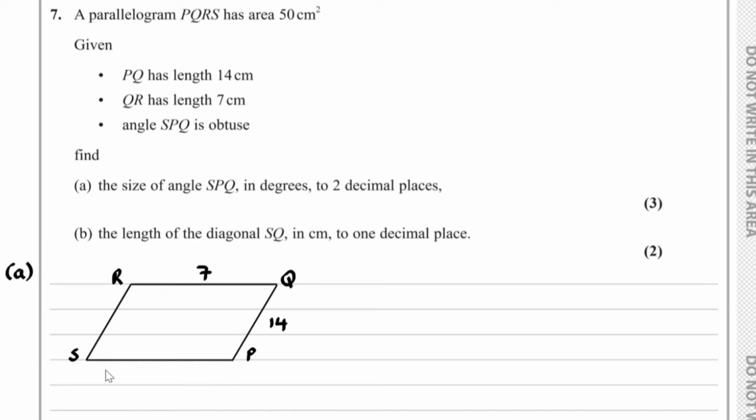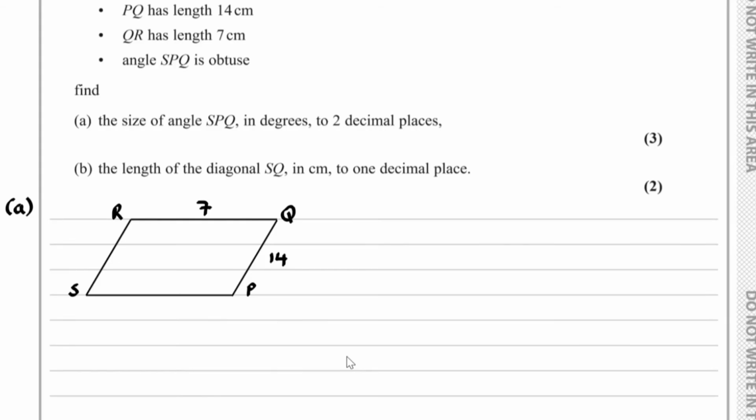Well, how would we go about finding the area of a parallelogram? Well, the area of a parallelogram is twice the area of a triangle. Now, to begin with, we can find out this angle over here, the angle PQR.